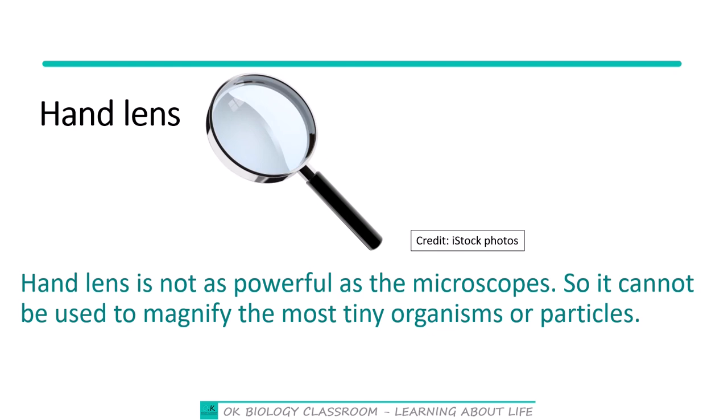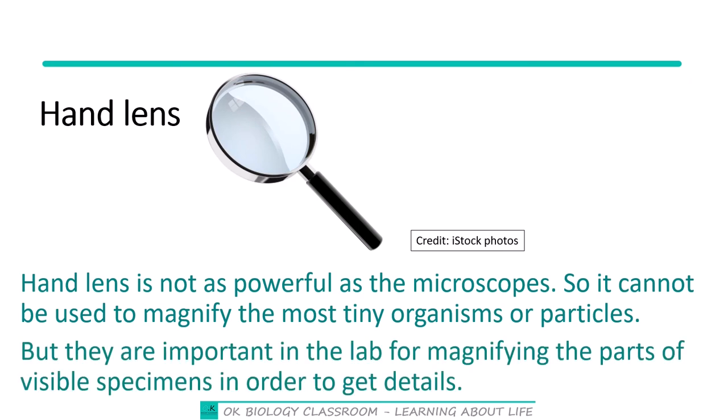The moss can be seen with your unaided eye, but for the sake of observing the small features about them, you just have to use the hand lens, also called the magnifying lens. And that will help you to see those parts that are quite small, but they are needed. And that has been stated in here. They are important in the lab for magnifying the parts of visible specimens in order to get details.